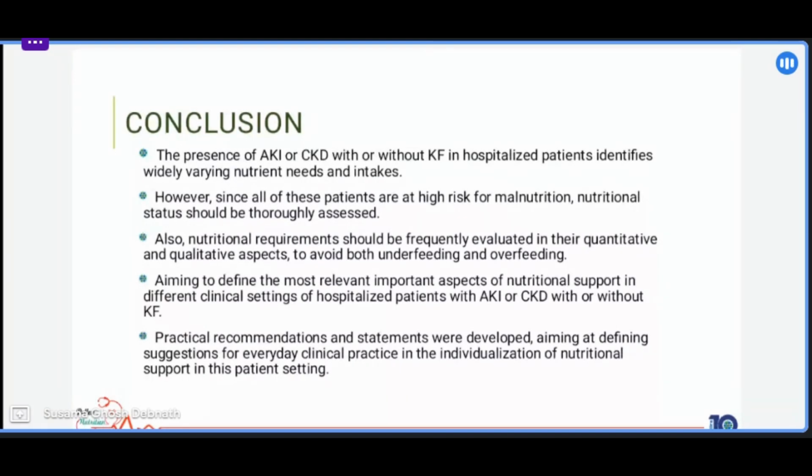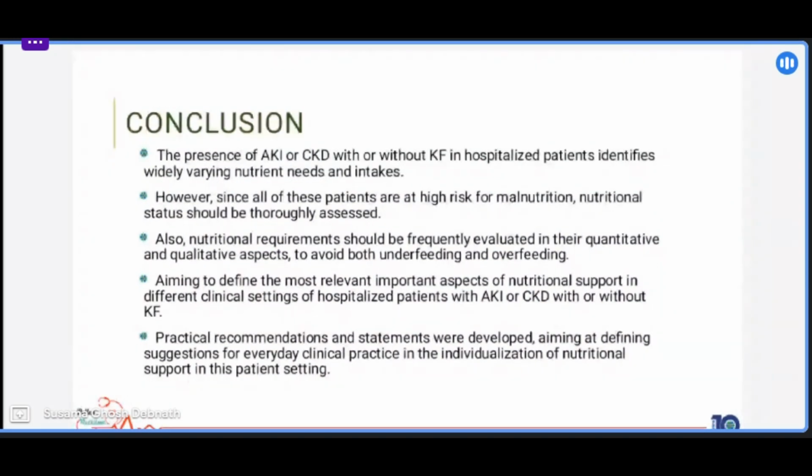So accordingly, we will correct the protein and energy goal for a patient. As we said, it should always be high calorie, high energy, along with fluid restriction to avoid fluid overload, and potassium, sodium, phosphorus. These things are major elements that we need to take care of and evaluate on a regular basis.